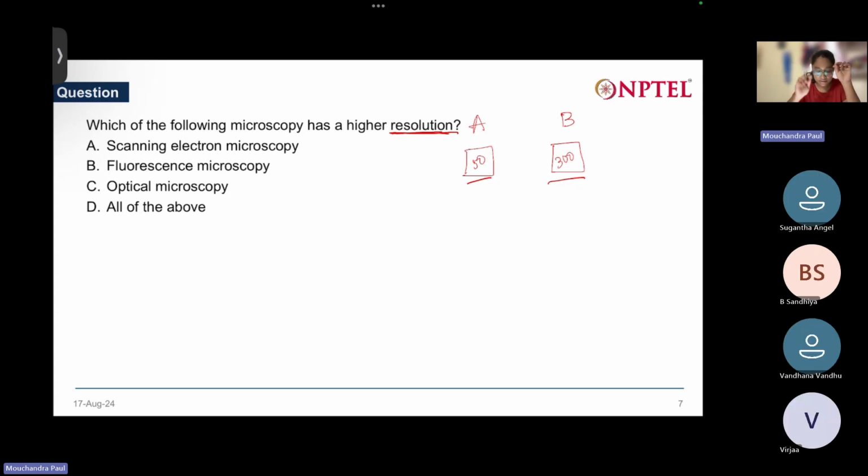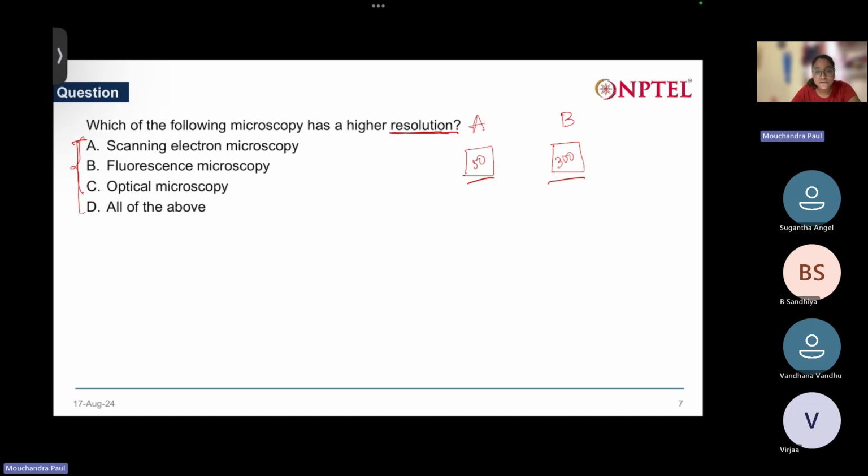Okay, so these three are types of microscopic techniques where we try to capture images of some good resolution. I'm not going to tell you which has the higher resolution for now. The only difference in these three types of microscopy is the source of light. You know, for capturing an image, a good lighting condition is required.